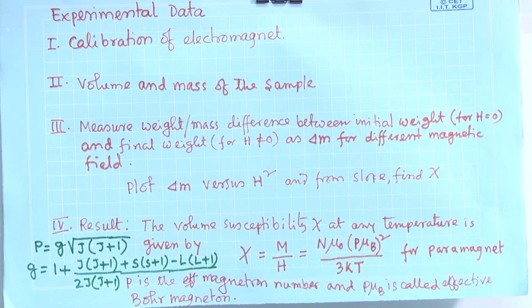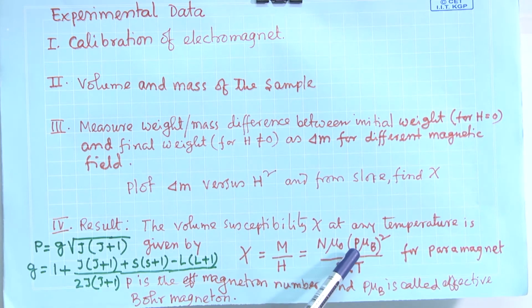Okay. So, k of course is the Boltzmann constant, that is known. Mu 0 is basically the permeability in vacuum, that is also known. And n is the Avogadro number, that is also known.